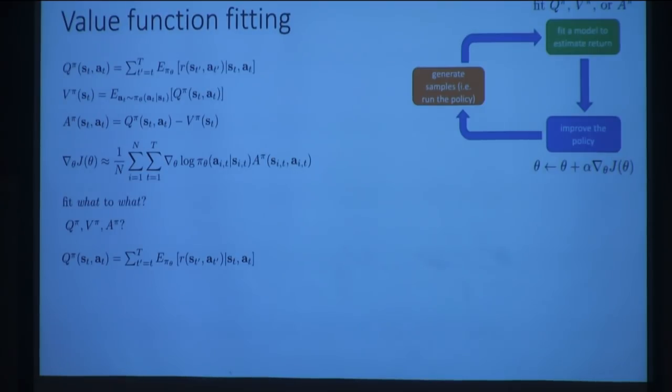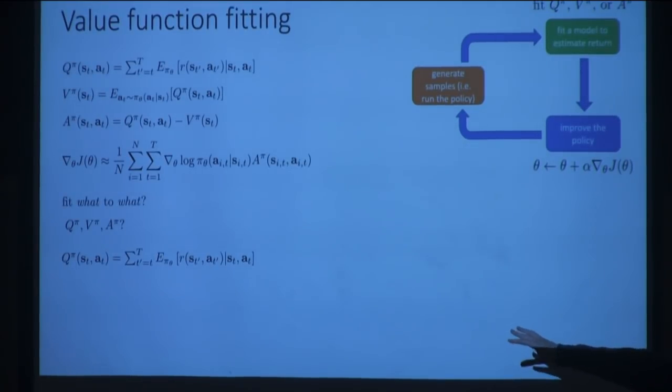So first, let's look at the Q function a little bit more closely. The Q function, as I wrote it out before, is this sum of expected values over all the time steps from now until the end. But remember that the Q function is a function of ST and AT. So ST and AT are not random here.